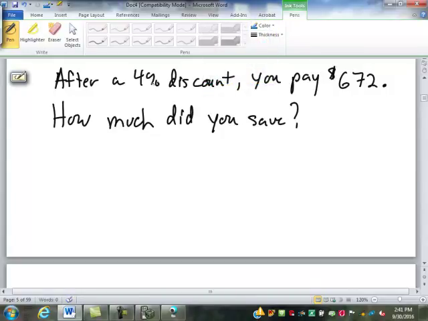So here you have that 4% is 4 over 100. The 4 represents the discount again. The 100 represents the full price, or the beginning price.